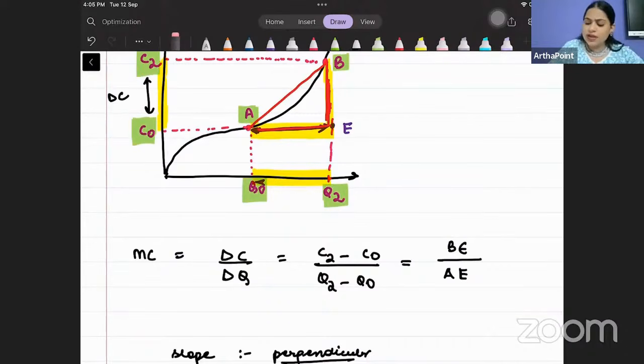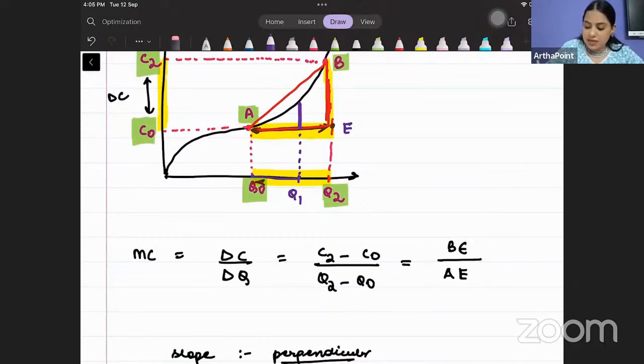And I tell you that beta, I just want to change quantity from Q0 to, let's say, Q1. So can you see that if I change quantity from Q0 to Q1, beta, this will be my perpendicular.